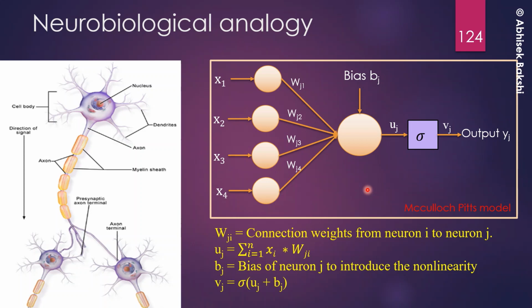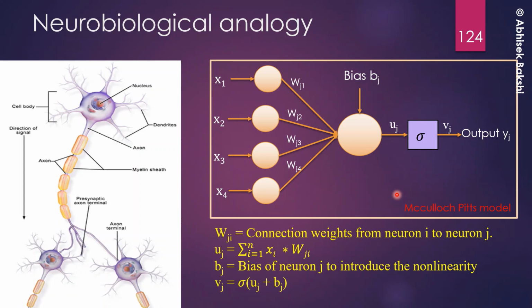So this is a very basic idea of a single neuron, and this is what we call the McCulloch-Pitts model. This is the first ever model designed by McCulloch and Pitts, which basically gives the analogy of a biological neuron in a mathematical form.